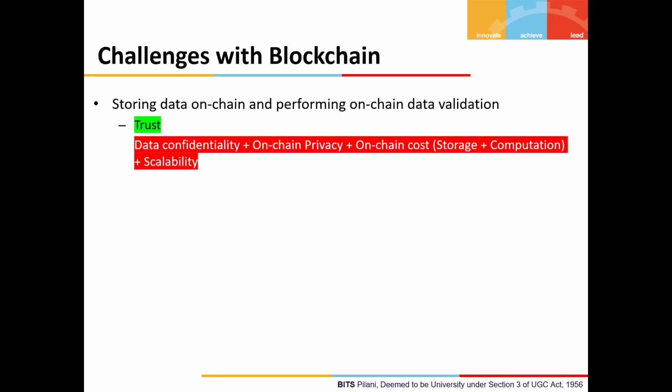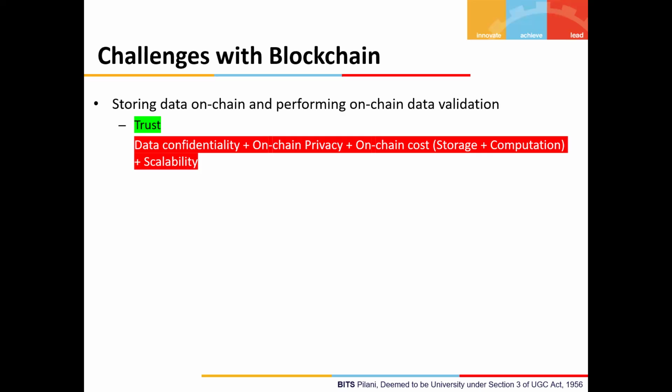If we do this, then we ensure trust, right? But there are certain issues with this scenario. First is data confidentiality we are losing. On-chain privacy we are losing. On-chain cost, it incurs a high cost, and scalability issue.